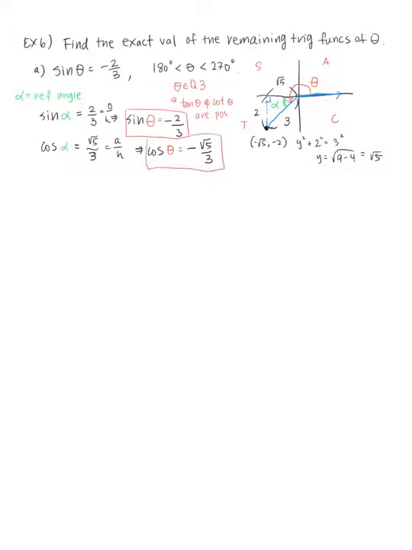All right, so with that said, tangent of theta is what? Sine over cosine. So the tangent in this case is going to be positive 2 over square root of 5. Rationalize that: 2 root 5 over 5.